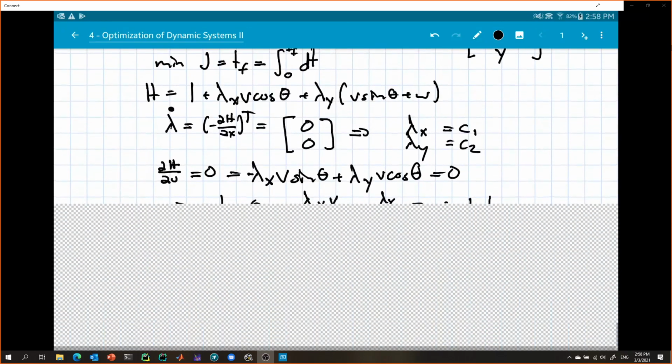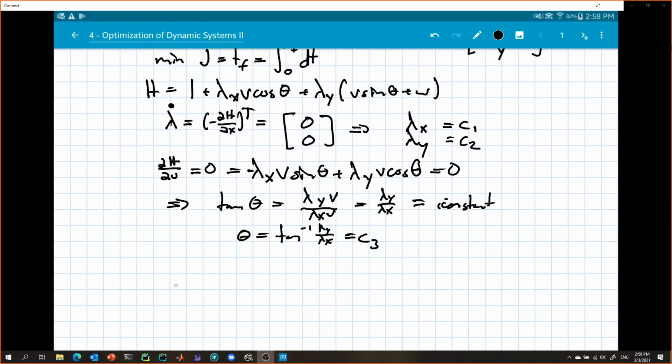If you remember that x dot is equal to V cosine theta, therefore if we integrate, we get x is equal to V cosine theta times time plus an integration constant.